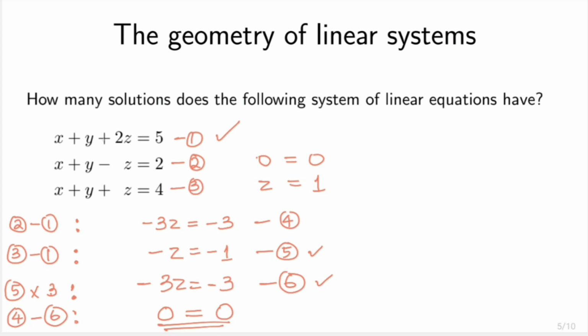And then x plus y plus 2z equals 5 is the restriction or the relationship between x, y, and z. So if you have z equals 1 and you pick y equal to 1, what's going to be your value for x? That's the way to think about this.